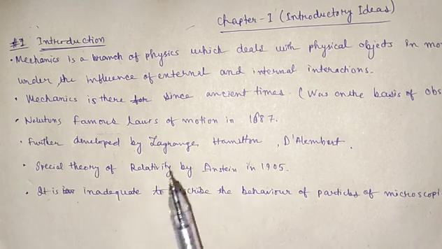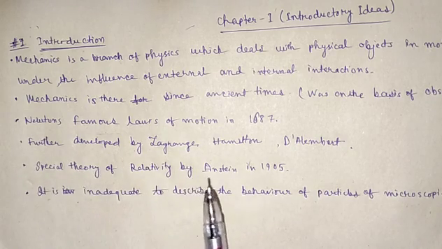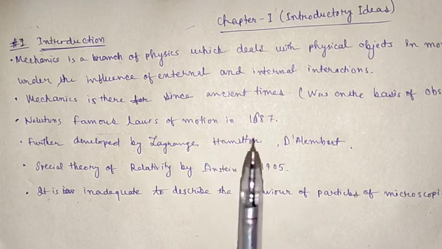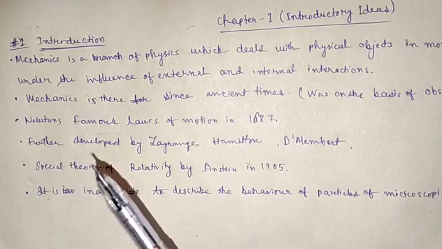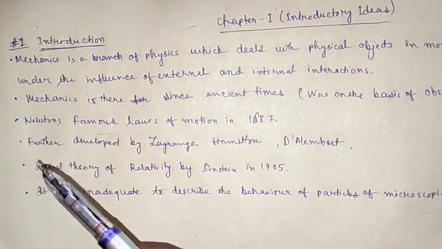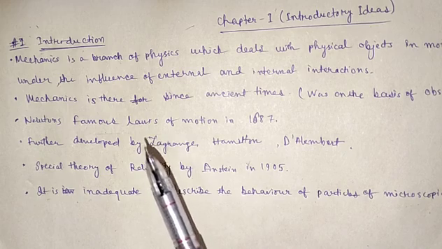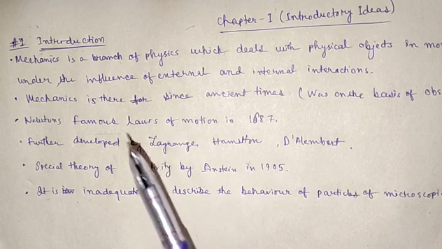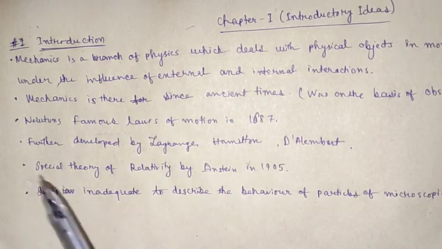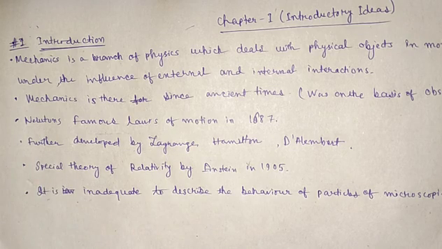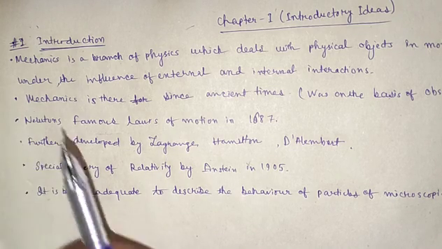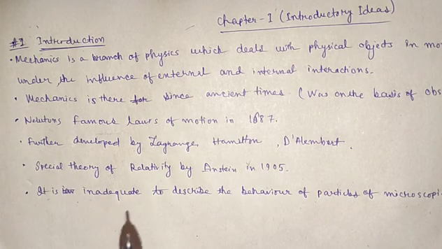So basically the special theory of relativity got its ideas from classical mechanics, and Einstein then developed the theory of relativity, which was a part of classical mechanics. The relativistic mechanics developed by Einstein yields the results of Newtonian mechanics at relatively low speeds.